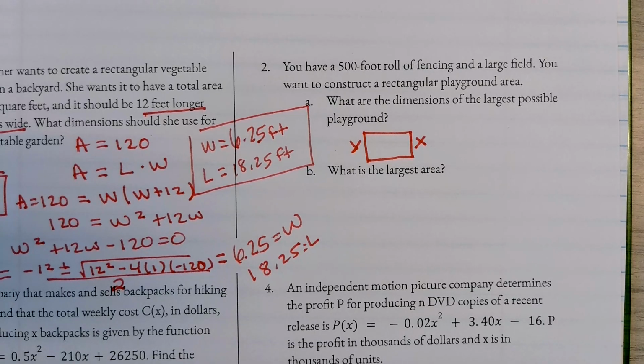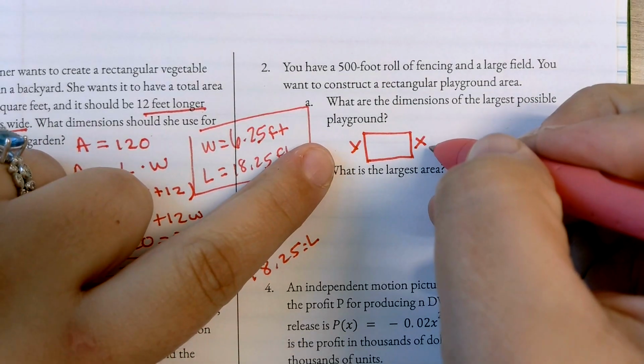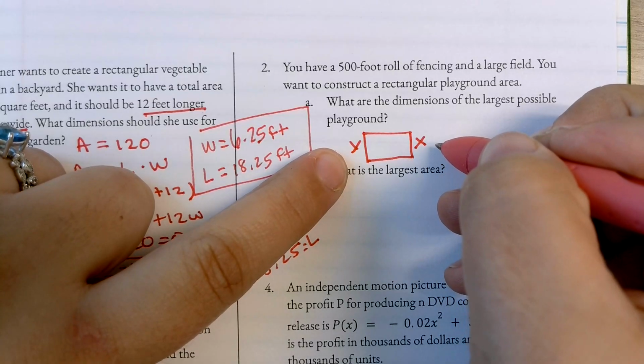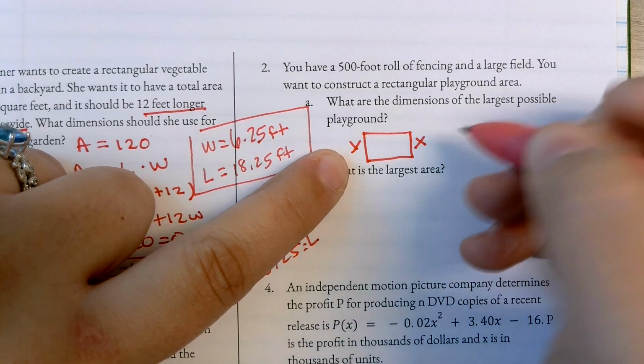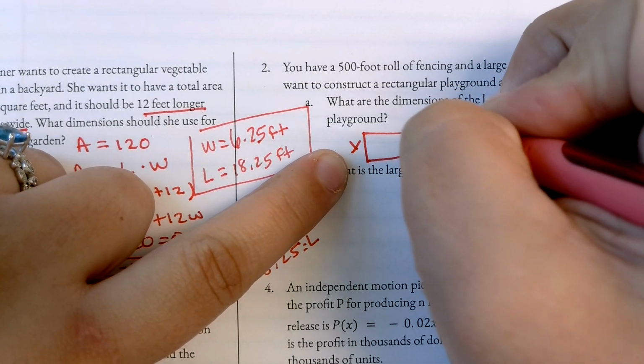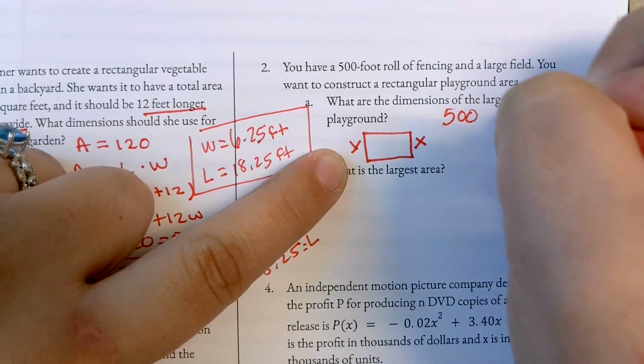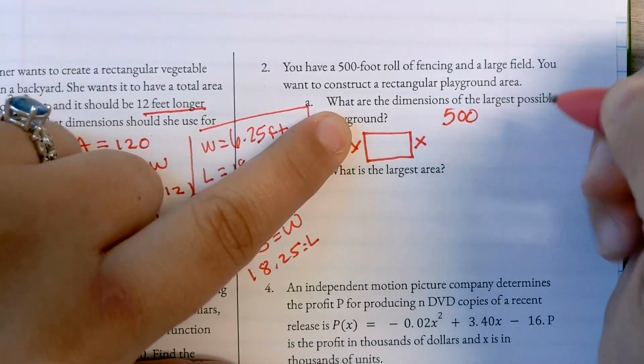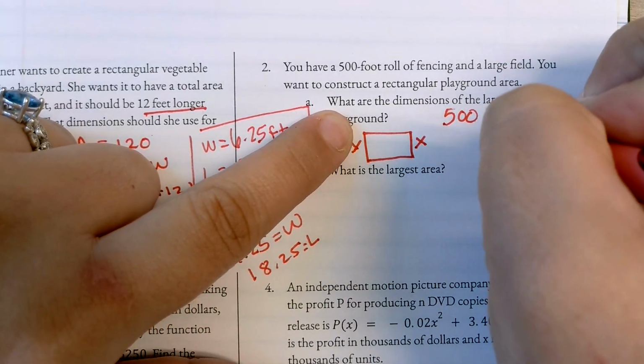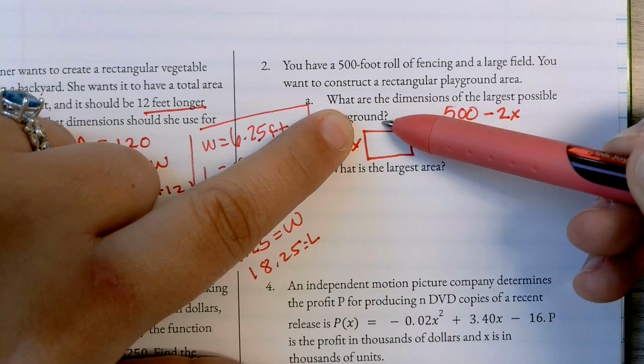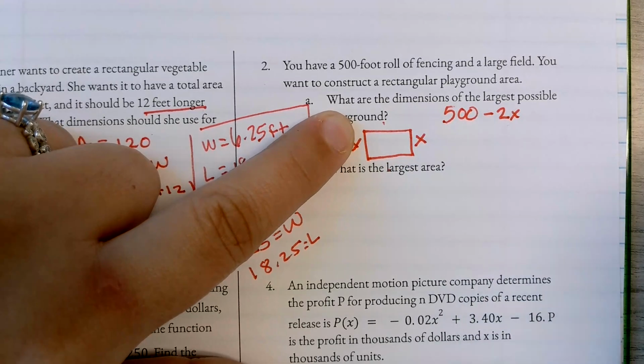Well, let's see. If I know that this is X and this is X, for perimeter, I would have to add them all up, right? 500 minus 2x would give us these two sides.